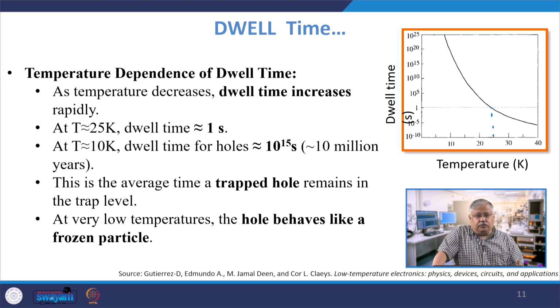This means that at T equals 10 Kelvin, an electron can stay for an infinitely long duration of time, if you do not change the temperature, of course, and there is no external field which drags it. This is the average time that the trapped holes remain in the level. Therefore, you should understand that at cryogenic temperatures, be it electrons or holes, they almost behave like frozen particles.